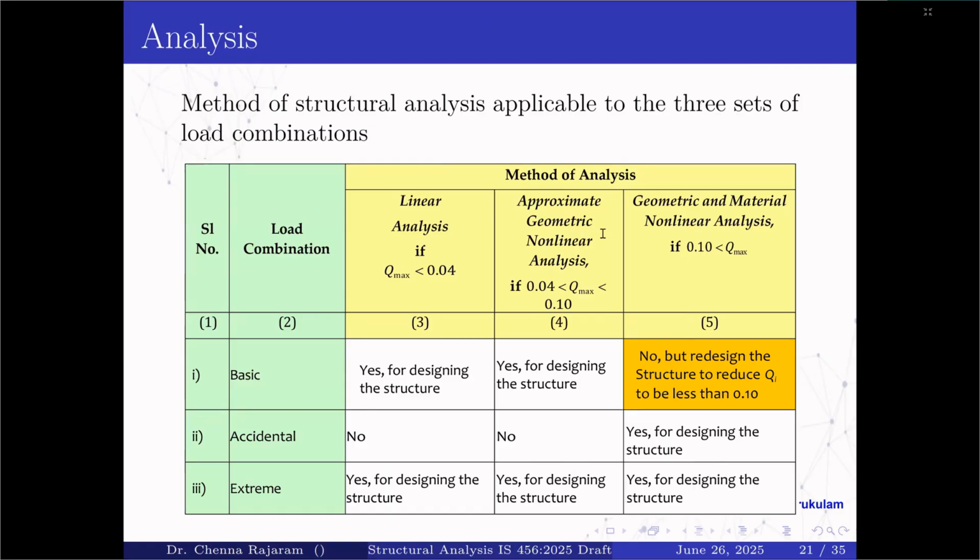Similarly, if the Q max value is between 0.04 and 0.1, then basic load combinations and extreme load combinations have to be considered. If the Q max value is greater than 0.1, that comes under geometry and material nonlinear analysis. For basic load combinations, one has to redesign the structure to reduce the Q value to less than 0.1, and accidental load combinations and extreme load combinations have to be considered.